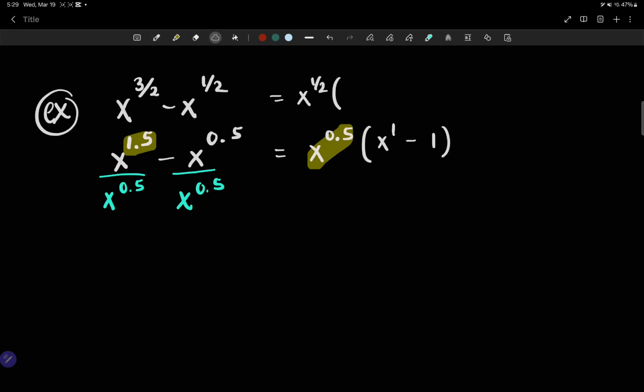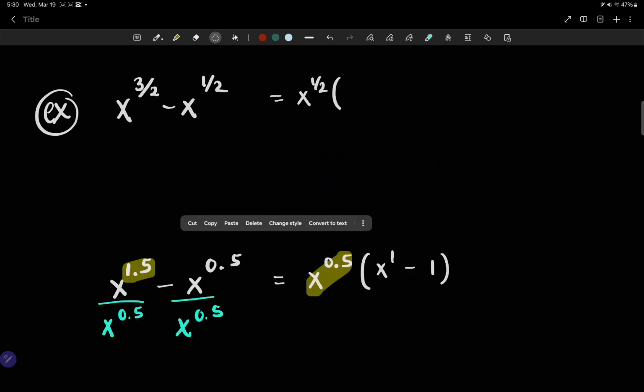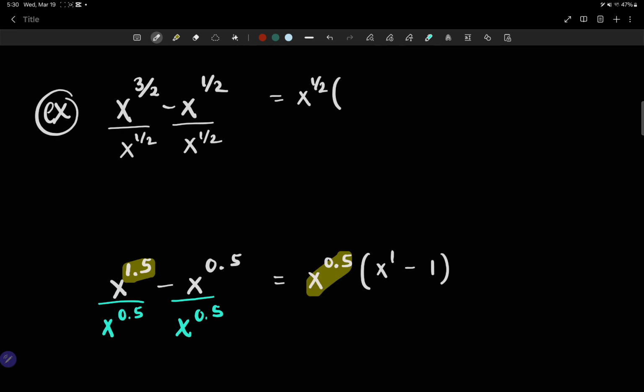And then, for the scratch work, we're going to divide everything by x to the 1/2. I told you that we just subtract our exponents, and we can do this because the bases on these things are all x. Because these have a base of x and you're dividing, you subtract your exponents. And same thing here.